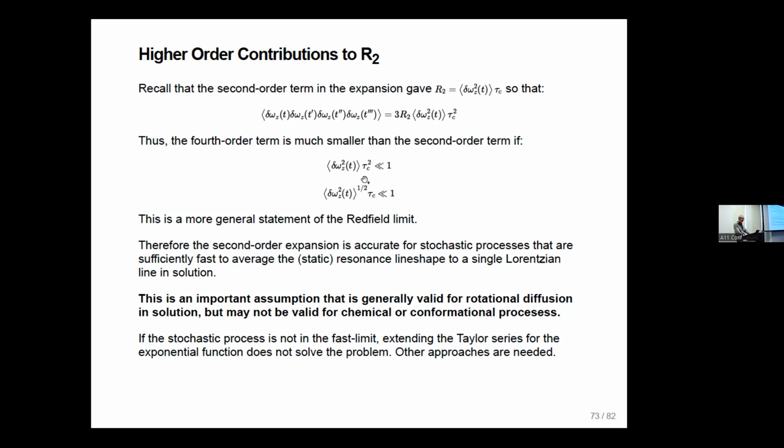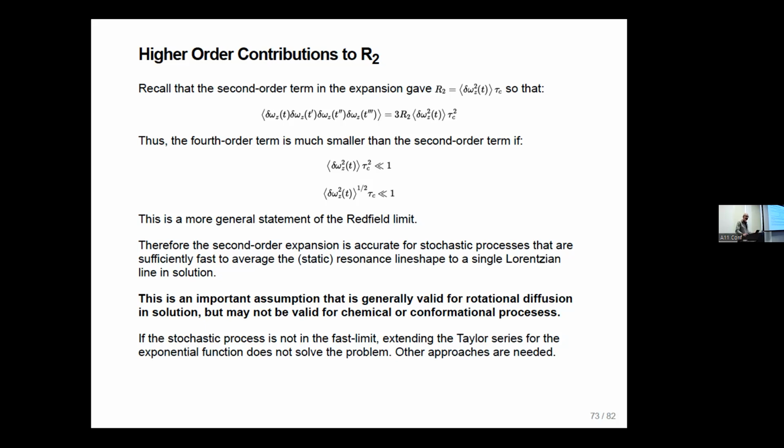Or if I take the square root of both sides, this says if the standard deviation in the fluctuations times the correlation time is much less than 1, the standard deviation is like the width of the distribution. It says delta omega times correlation time is much less than 1. That's the Redfield limit.